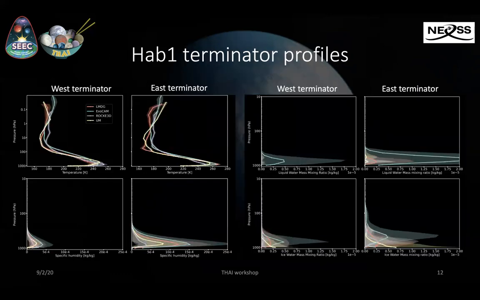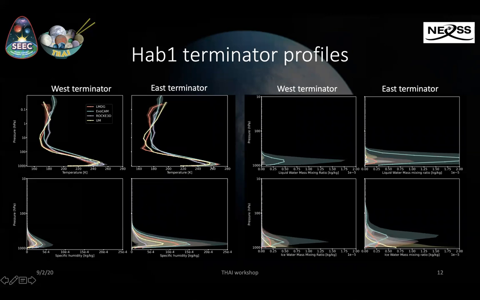Okay, now let's take a look at the terminator profiles, because that's going to be very important for the transmission spectra. On the left side, I show the west terminator and east terminator for the temperature profile at the top and the specific humidity at the bottom. Of course, we have an asymmetry between west and east terminator just due to the rotation of the atmosphere.